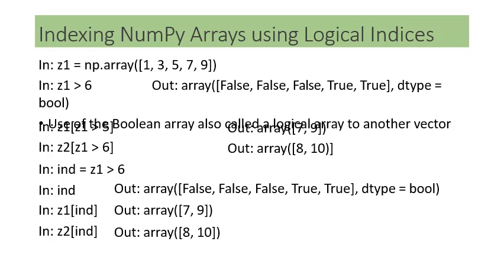So the data type becomes a Boolean output. And for Z1, the output array will be 7 and 9, and Z2 is greater than 6, could be 8 and 10. So yeah, this is one of the ways that we can index the NumPy array using logic.